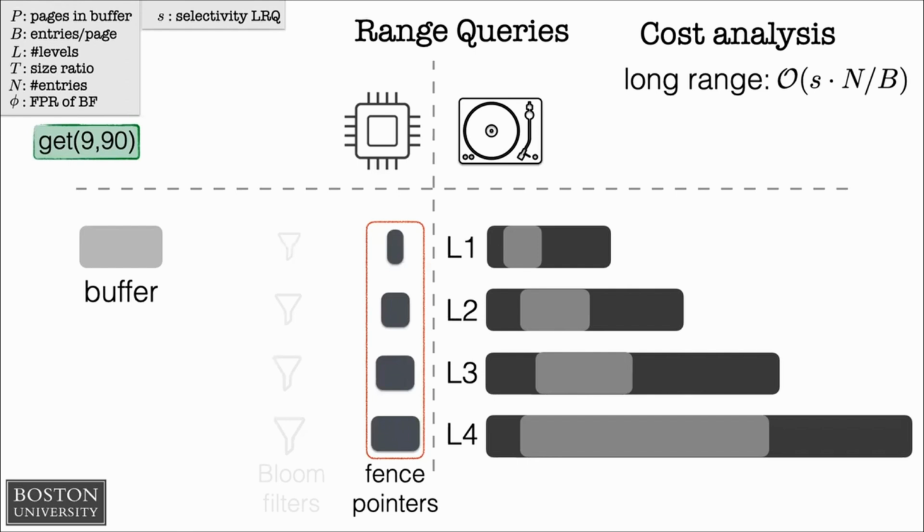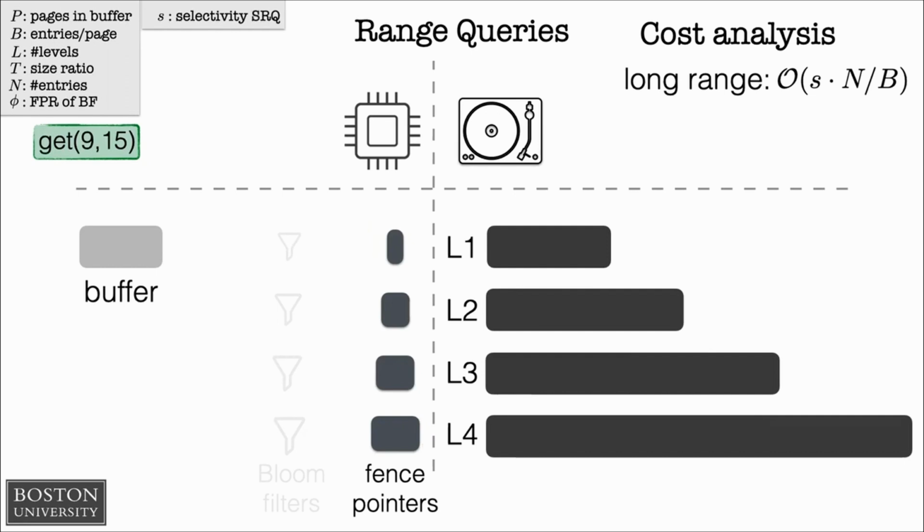Now, what if we have a short query? So it's only a short range, and we're looking for values of keys between 9 and 15, where all of the qualifying values are only in one page, or mostly in one page per every level. So for every such short query, Bloom filters can still not help.